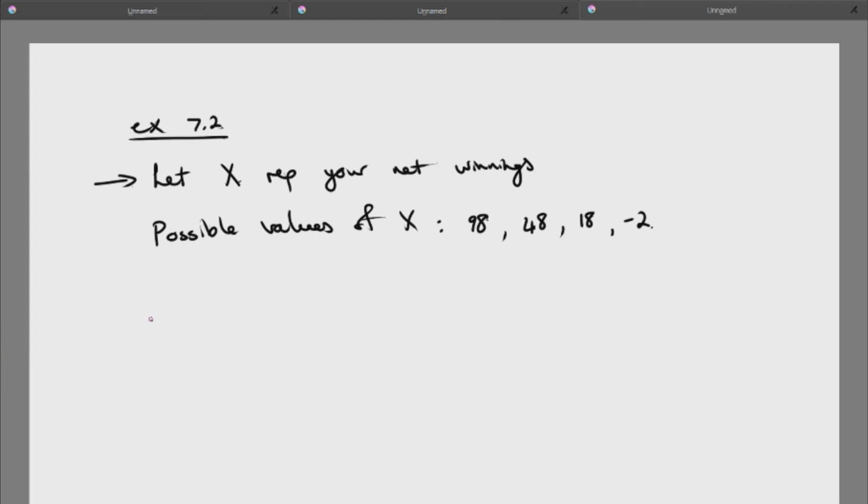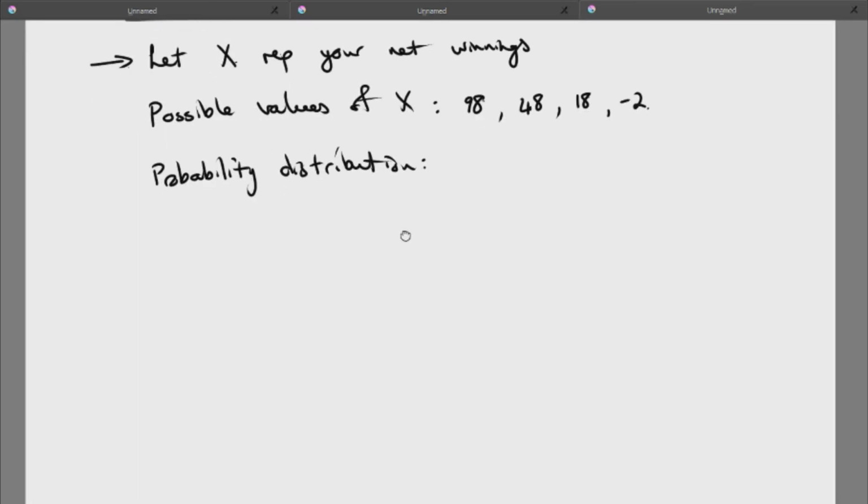Then we are ready to find the corresponding probabilities, and there are only 4 outcomes. So my probability distribution, we will stick to the table form because it's more than sufficient for us.